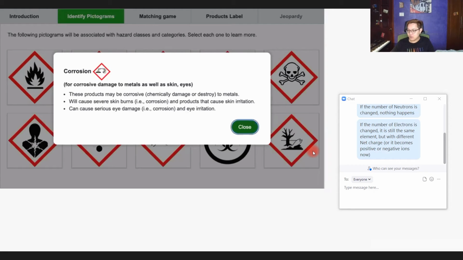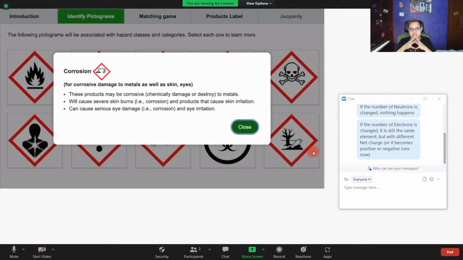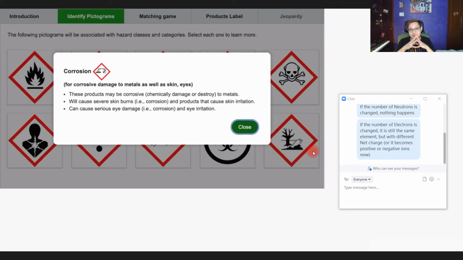Because in your eye there is water, it might dissolve the gases and cause small acids to build up in your eyes, causing eye irritation. Your eyes are exposed to the gas. Your nose too, actually, there is water inside your nose and your mouth. So if you inhale these gases, they can dissolve inside your nose and mouth, and then it can burn your nose.